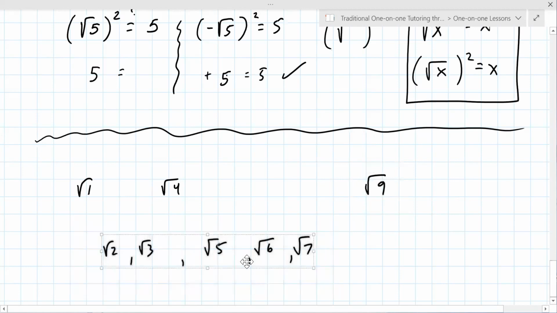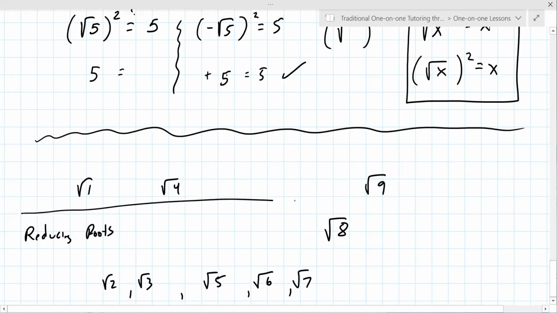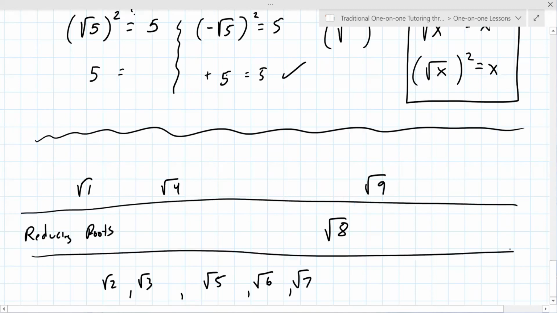Square root of 8 is in this other category that I mentioned before. It's reducing roots, but we're not doing that today. So these are friendly, these are not, and then there's everything in between, which is most of them. Most of them are not friendly or they're reduced.